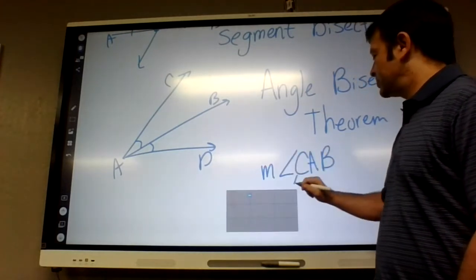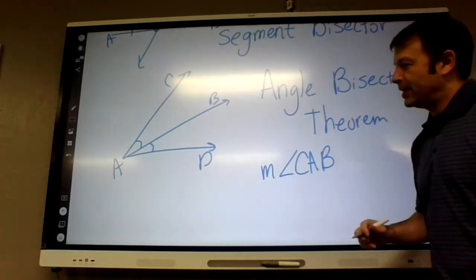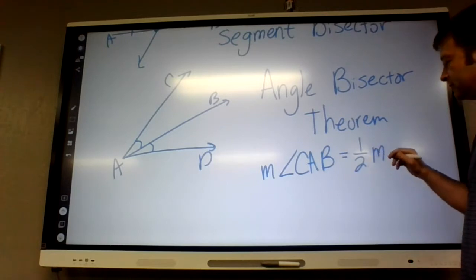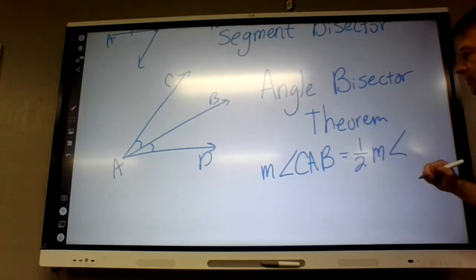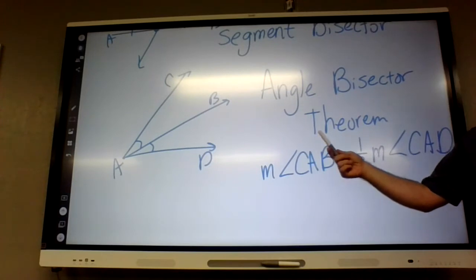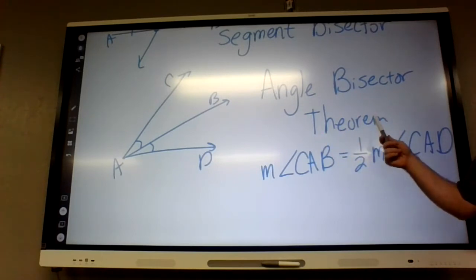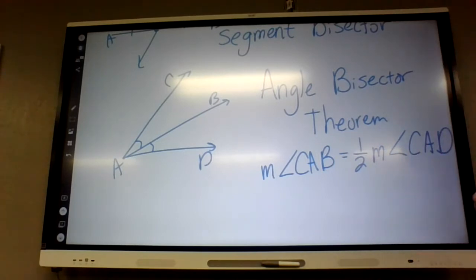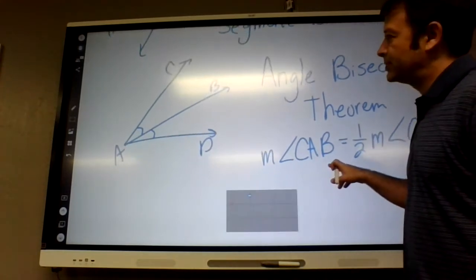Now that's the definition of angle bisector. Angle CAB equals half of what? CAD. Yeah, it's kind of a duh statement when you think about it. But it's a theorem because you can prove it's true using the definition of angle bisectors and a little bit of algebra.